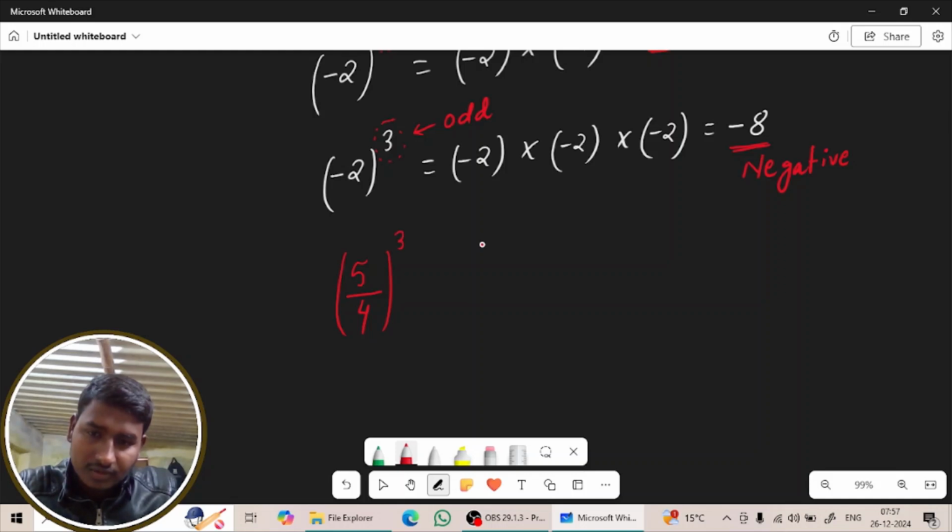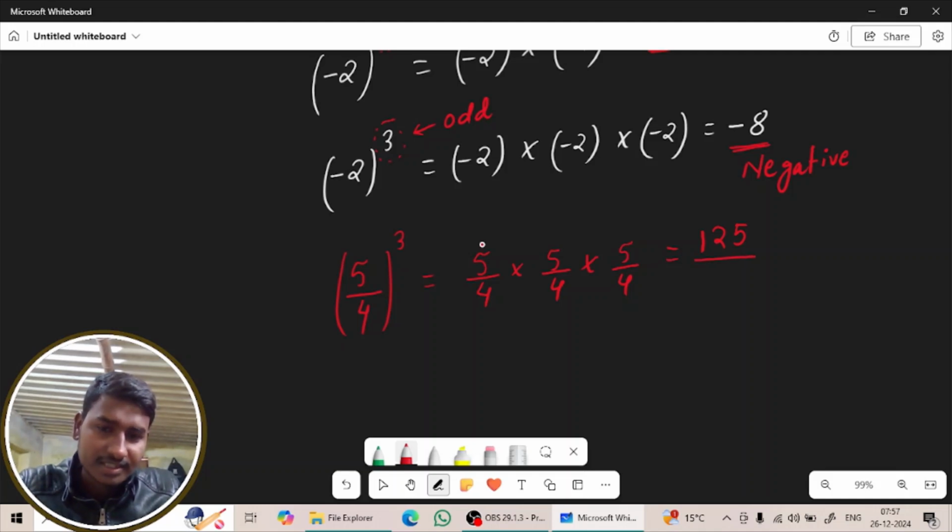I will write this 5 fourths three times: 5 fourths times 5 fourths times 5 fourths. You need to multiply as we multiply fractions: 5 times 5 is 25, 25 times 5 is 125. Same way 4 times 4 is 16, and 16 times 4 is 64. Okay, so this is how it works.